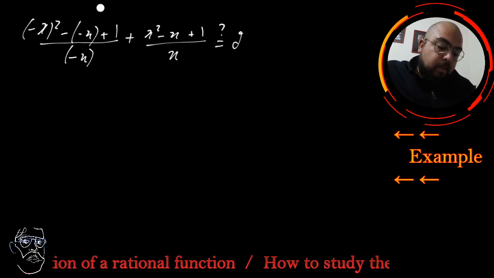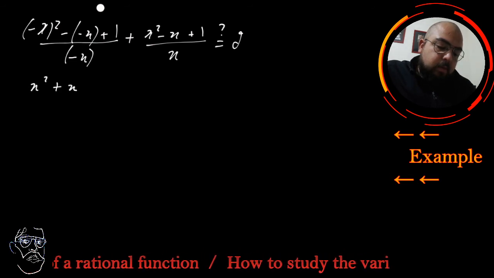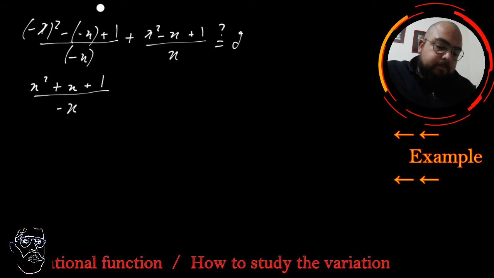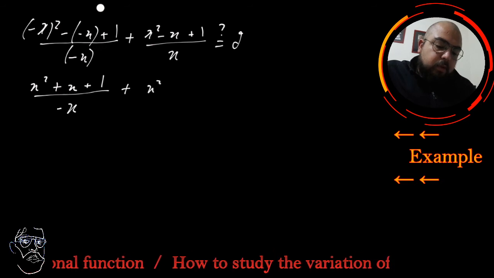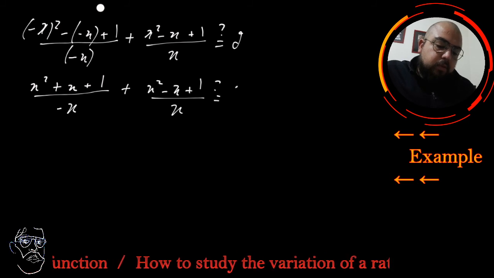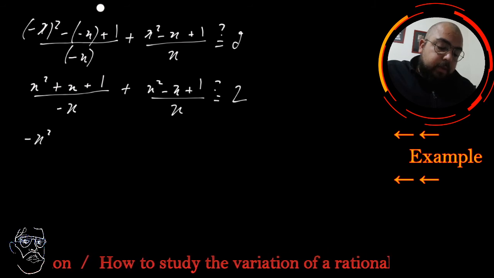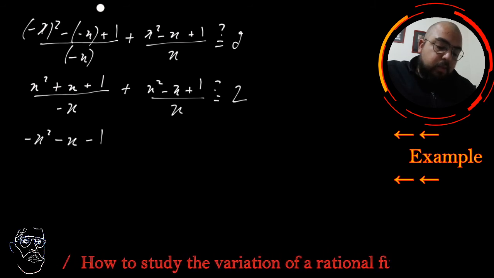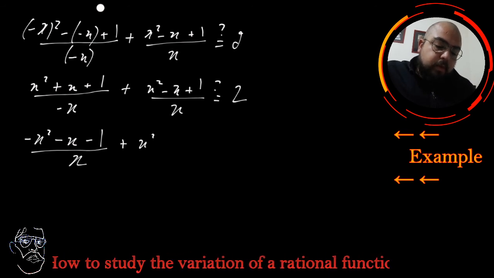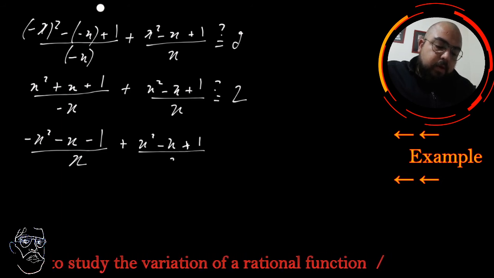So x squared plus x plus 1 over minus x plus x squared minus x plus 1 over x equals 2. So I can say that it's minus x squared minus x minus 1 over x plus x squared minus x plus 1 over x.